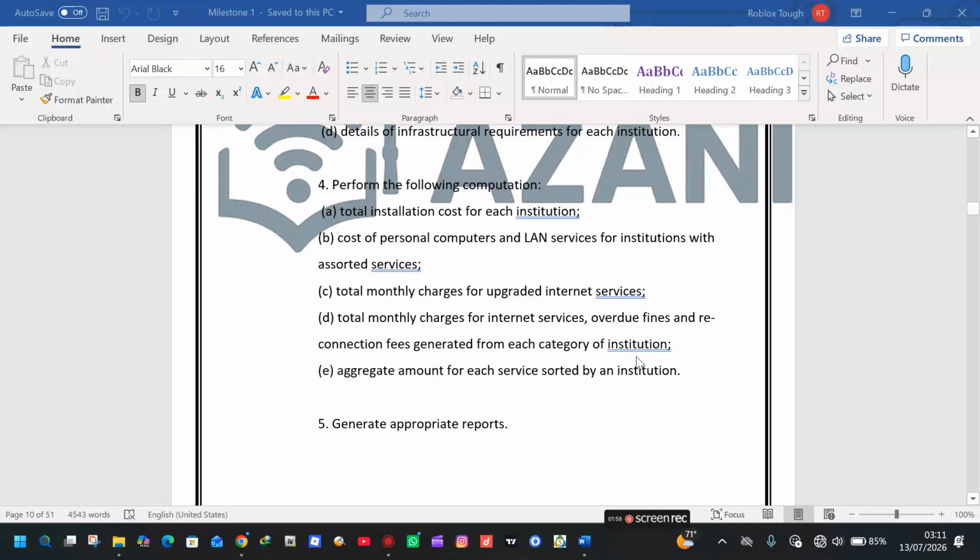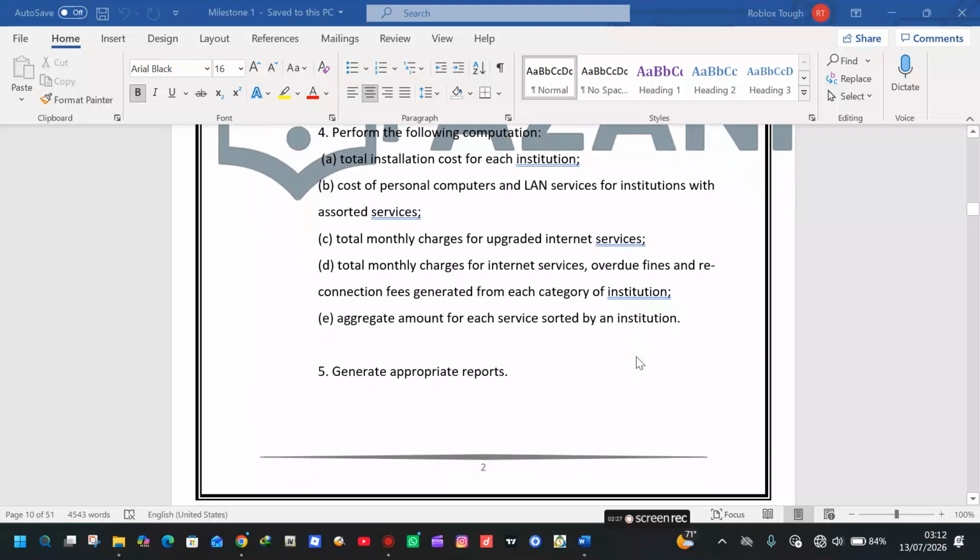So number 4, the system should be able to perform the following computation, that is: A, total installation cost for each institution; B, cost of personal computers and LAN services for institutions with assorted services; C, total monthly charges for upgraded internet services; D, total monthly charges for internet services, overdue fines, and connection fees generated from each category of institution; and lastly, E, aggregate amount for each service sorted by institution.